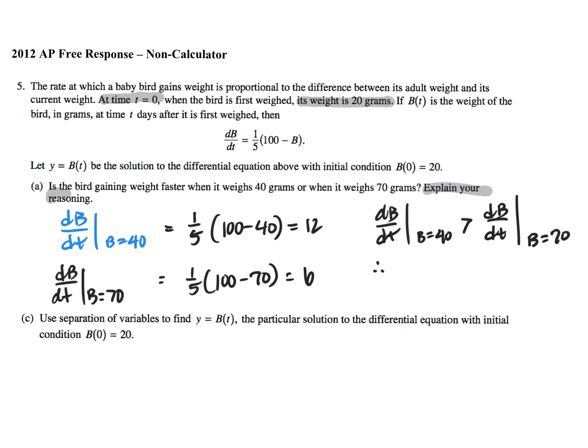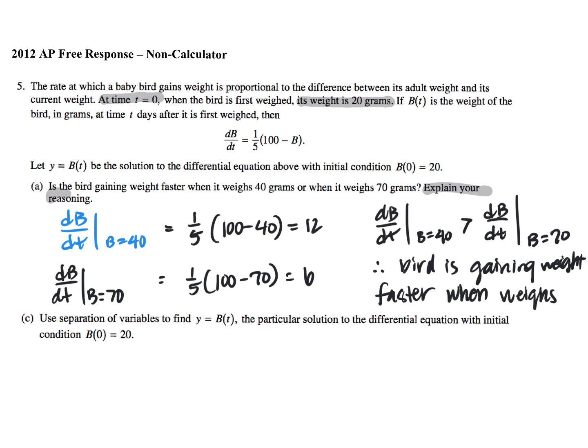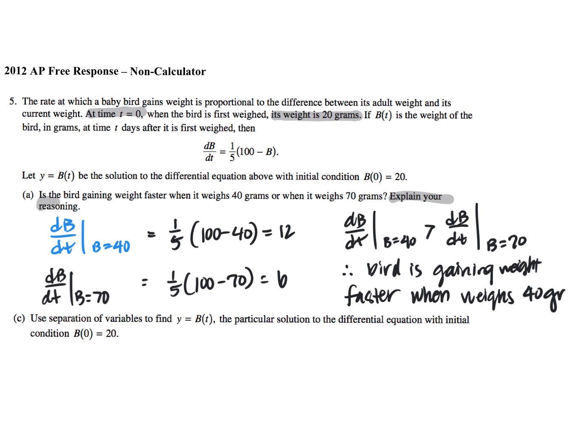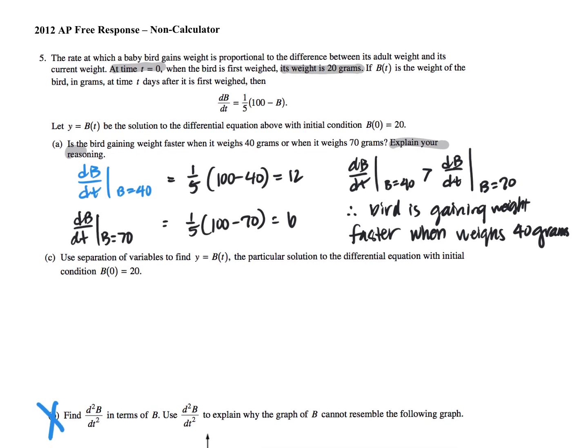Therefore, the bird is gaining weight faster when it weighs 40 grams. I guess another way to do this that I bet they'd give you points for, our work here was very thorough. So if you just wrote 12 is greater than 6 right here, and then this statement, they'd be good with that. 12 is bigger than 6, because you already wrote really this part over here. So if you just said 12 is bigger than 6, therefore the bird is gaining weight faster when it weighs 40 grams, we're good.